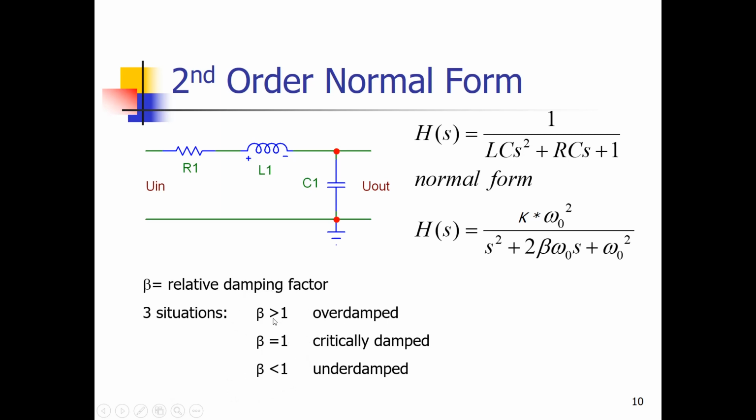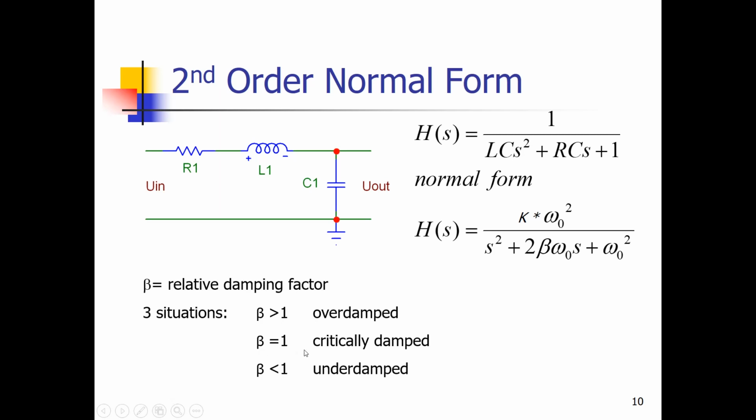What happens according to these three variations of beta? Well, when beta is higher than 1, I see at the output, and I will show it in a couple of minutes, that I have a so-called overdamped system. I have a system in which the output voltage will get slowly to the end value.